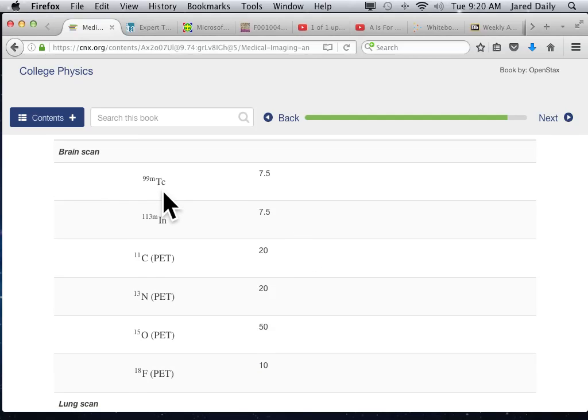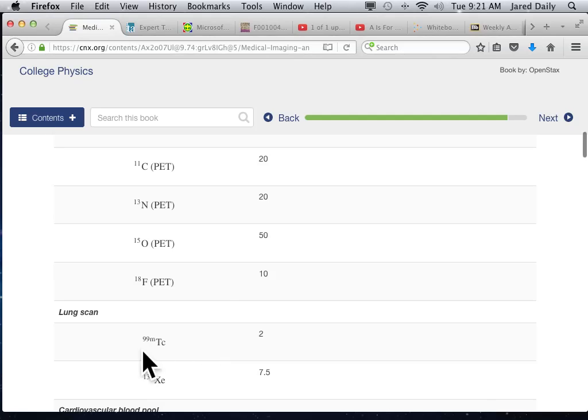For technetium-99m, 7.5. Indium-113m, 7.5. But in PET scans, which are the positron emission tomography scans, you can use carbon-11, nitrogen-13, oxygen-15, and fluorine-18. They have higher activities. In other words, they are decaying more per second: 20, 20, 50, and 10.